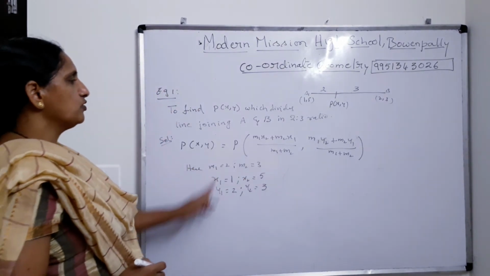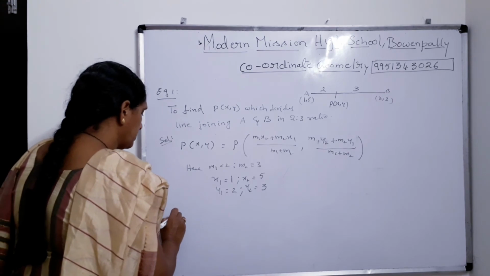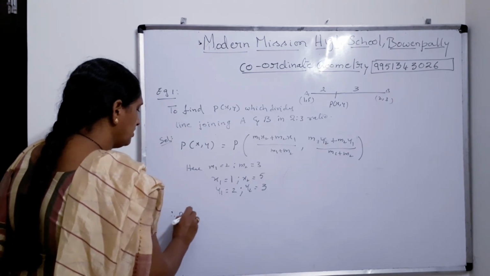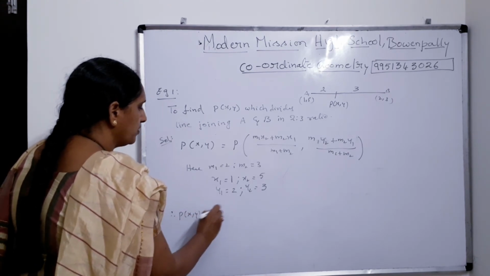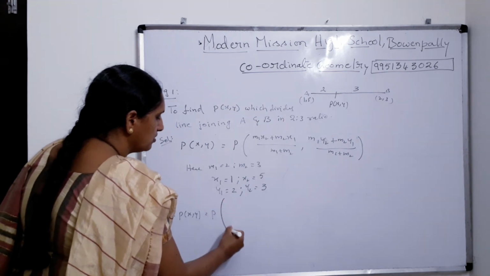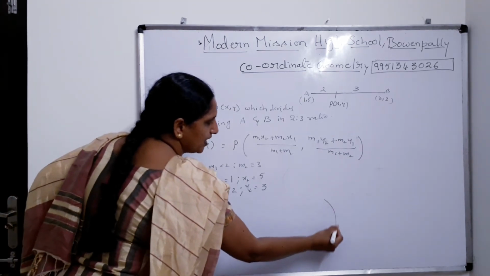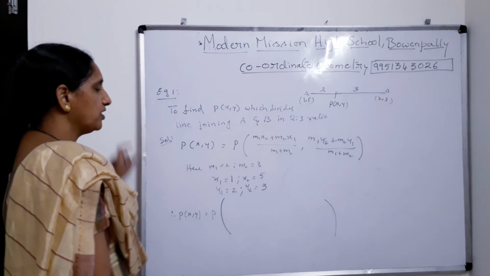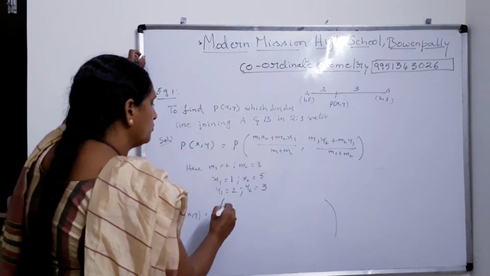Okay, now substituting these values in P of x comma y. So therefore P of x comma y is equal to P of, substitute. Those who can do it directly, there is nothing here to teach. Just substituting in the respective places.